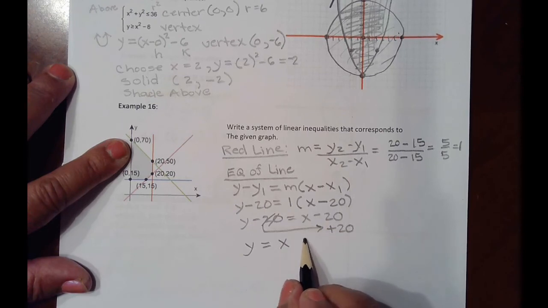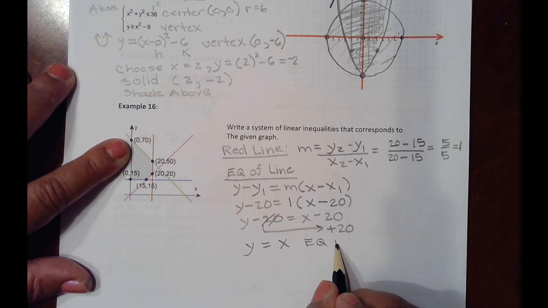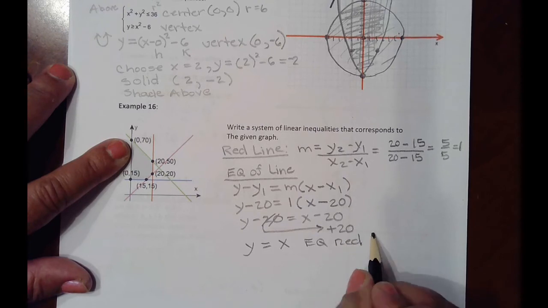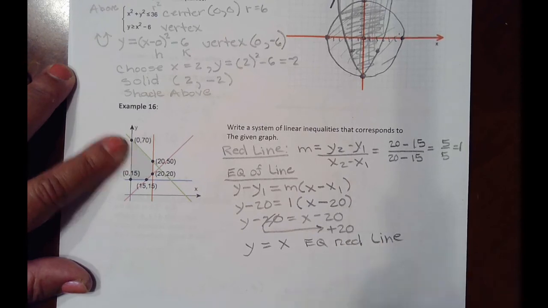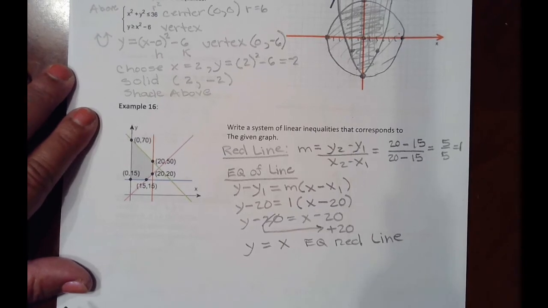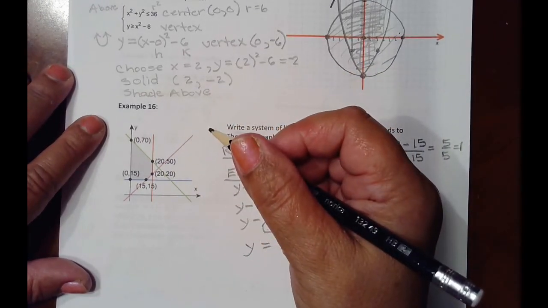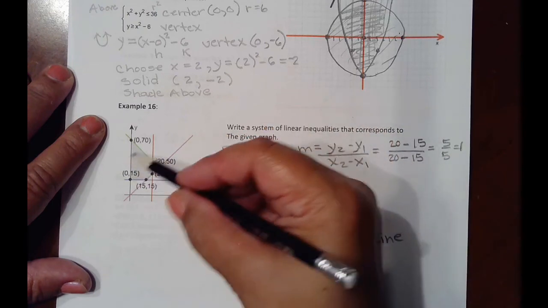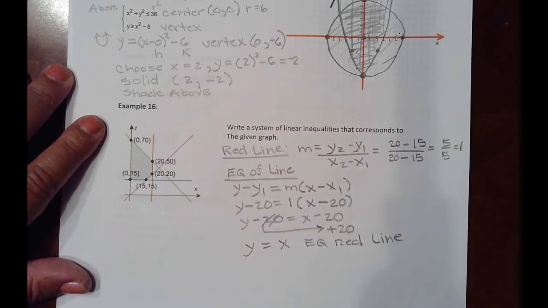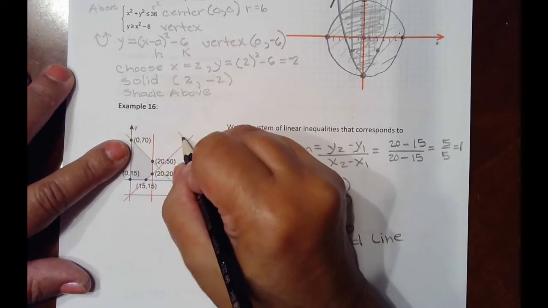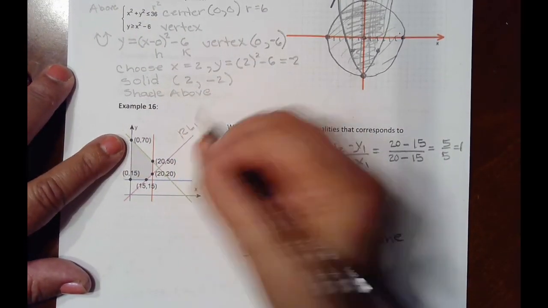So this is the equation of the red line. As an inequality, it would be like this. Let's see where the shading is. If this is where the overlap is right here. Oh wait, it looks like there's 3 of them here. So I just did this one. Let's call this red line 1.